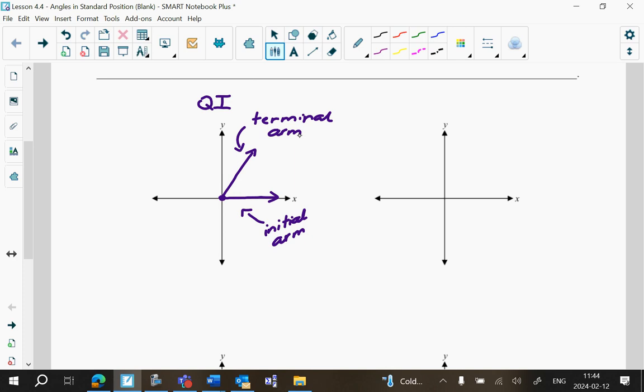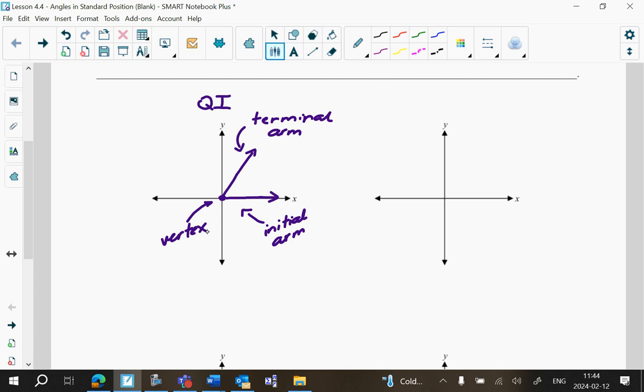What do we call the point that both arms of the angle start from? We call that the vertex. But when we use a coordinate grid, the vertex is always the origin. And then we measure the angle between the initial arm and the terminal arm.